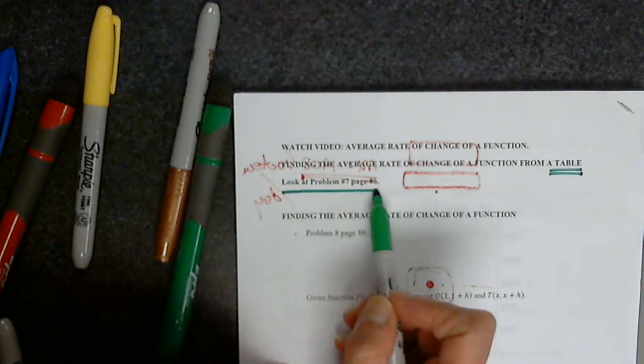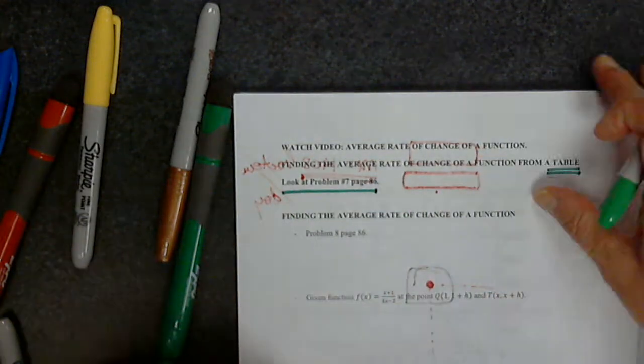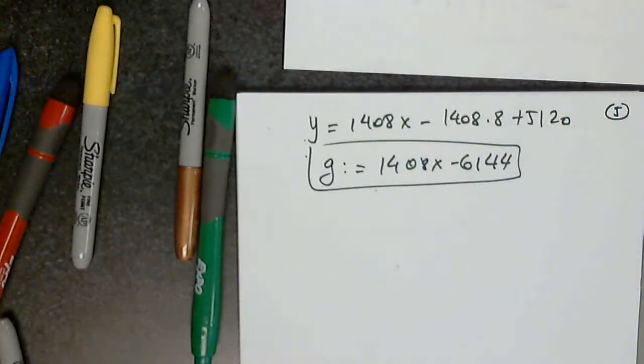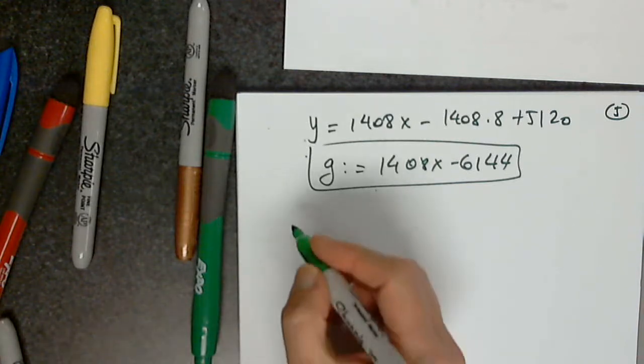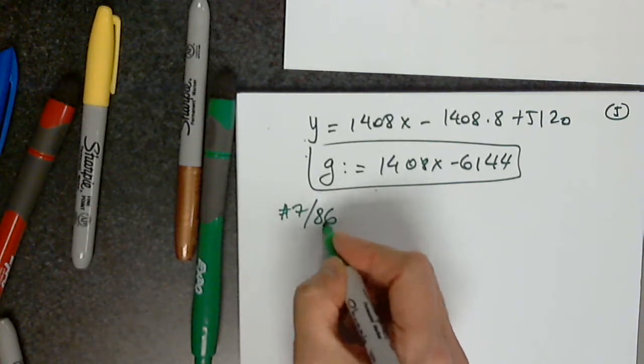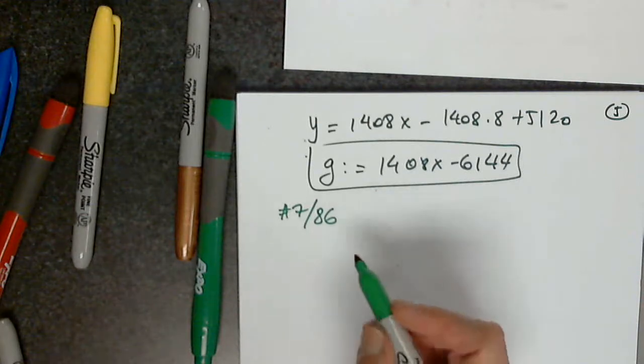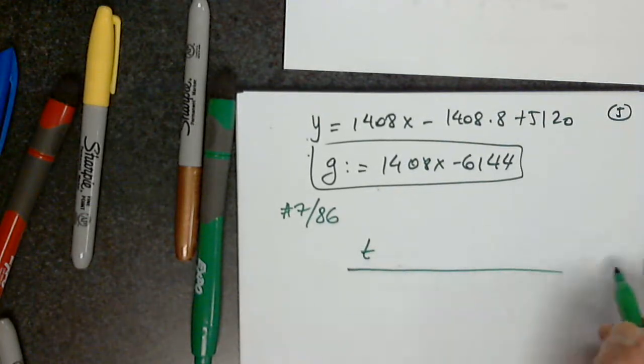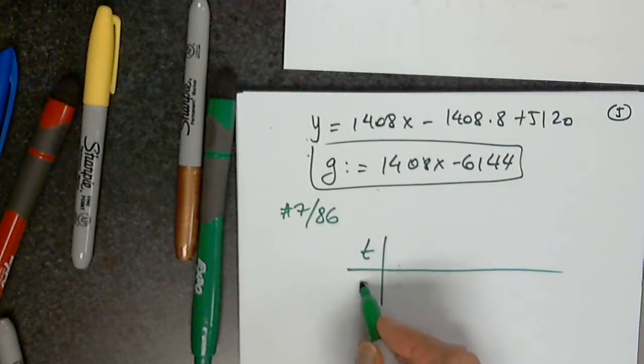I would like to go to our book, page 7 if you have it, and look at a table. I started my video, right? Yes, I did. So on page 86, problem 7, I'm going to quickly copy the table that we are given.